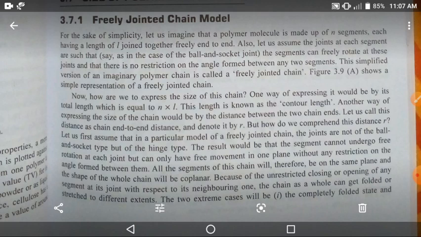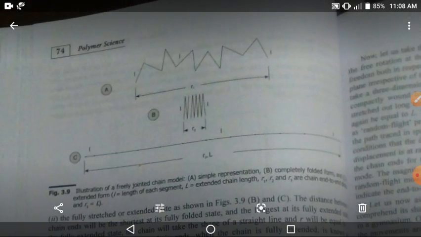But how do we compare this distance r? Let us first assume the particular model for a freely jointed chain, where the joints are not the full ball and socket type but the hinge type. The result would be that free rotation cannot occur. Show this in a figure and draw it in your notebook.